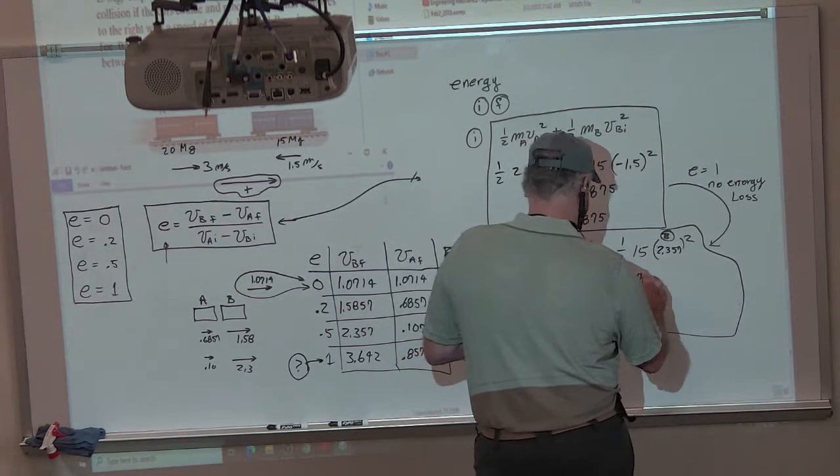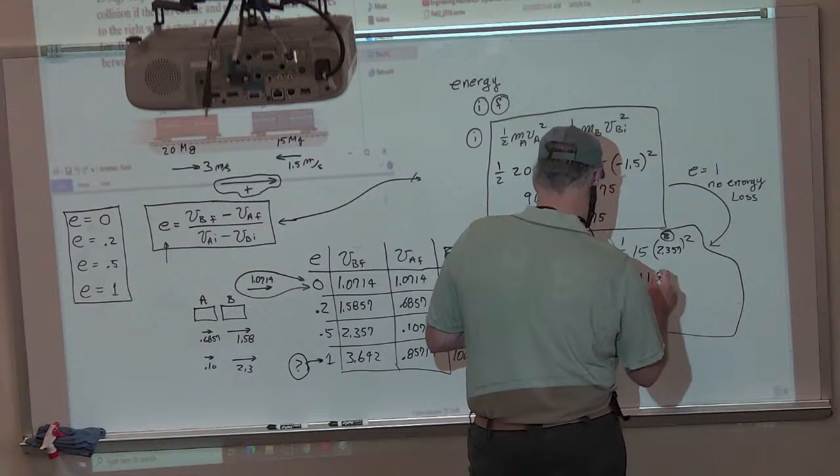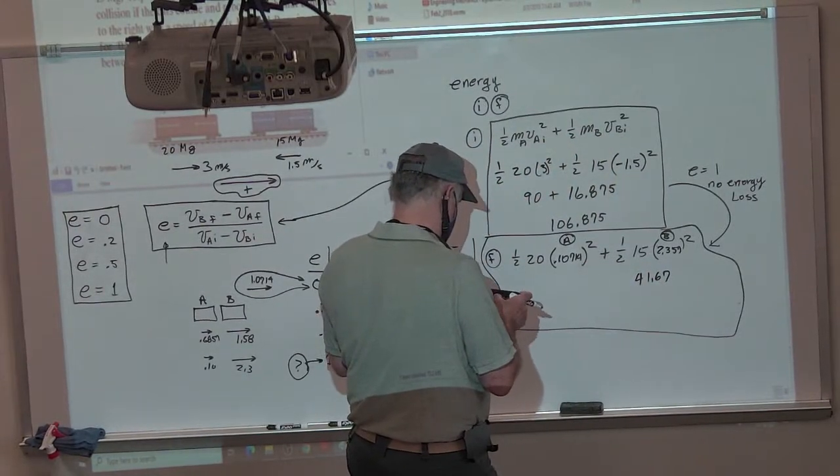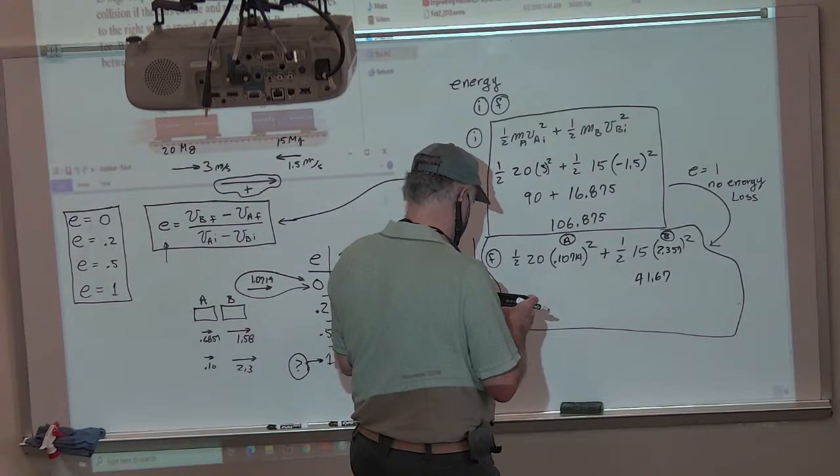This becomes 41.67. 0.1714 squared times 10.